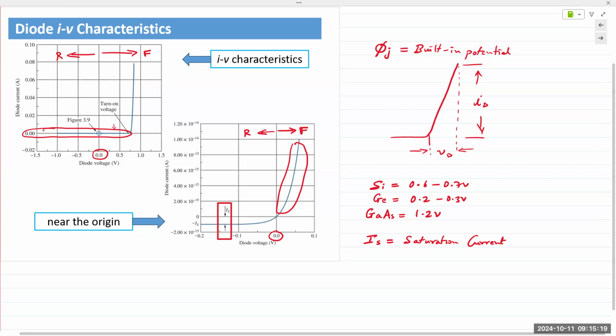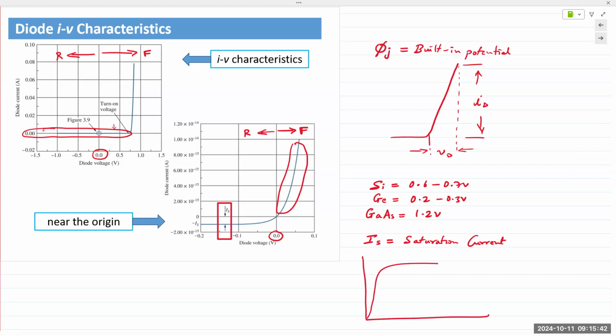And this is something you would have seen in the lab when we did the PSpice simulation of the diode. If we plot the diode current, the y-axis on the log scale, we would have seen something like this. Okay, because in the log scale, there would not be any zero. You would be able to go down to 10 raised to minus 12, 10 raised to minus 15, but you'd be able to see this tiny current right here.